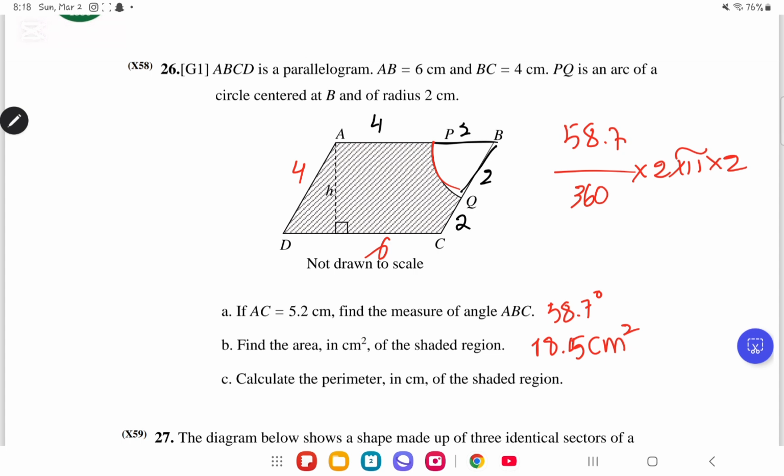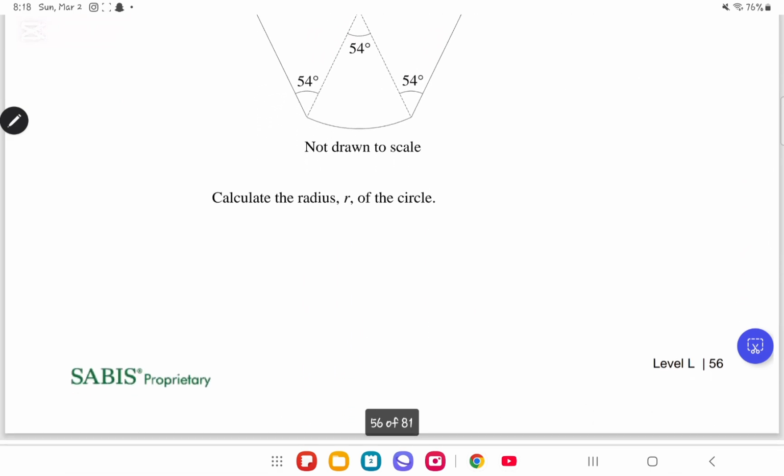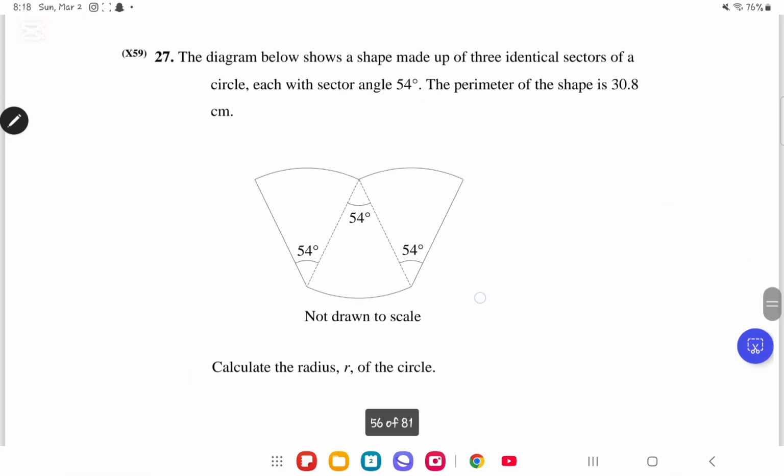But then we are gonna add it to what? We're gonna add it to 4 plus 4 plus 6 plus 2, and you're gonna get that the perimeter is approximately 18.05 centimeter. Now we'll move on to the next required thing, which is question number 31.